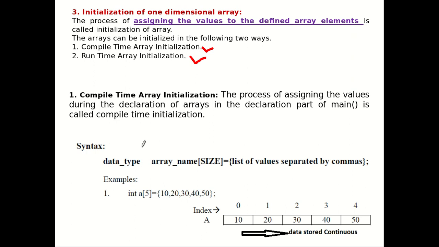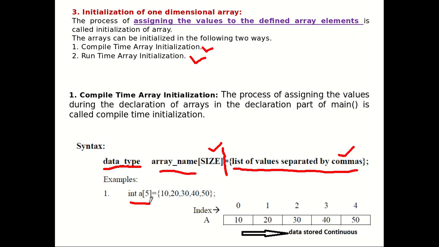Here the syntax is: the data type, array name, and the size. This part is the declaration. As soon as the declaration is completed, it is immediately initialized by passing the initial values separated by commas. Let us take an example.